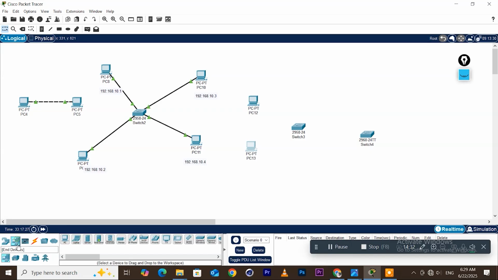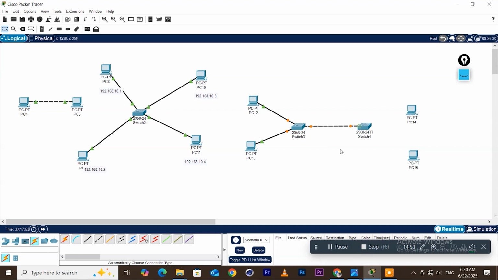Let's also give it some PCs, and then we connect them together. Okay, so here this is our setup.